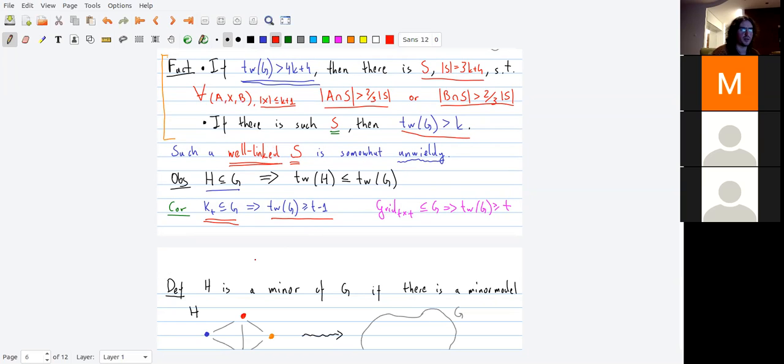Because this graph alone has large treewidth, so any graph that contains it must have a large treewidth as well. And the same for grids. If I have a grid as a subgraph in my graph, then the treewidth of the graph must be at least as large as the treewidth of a grid. So finding an embedded graph of large treewidth witnesses that the treewidth is large.